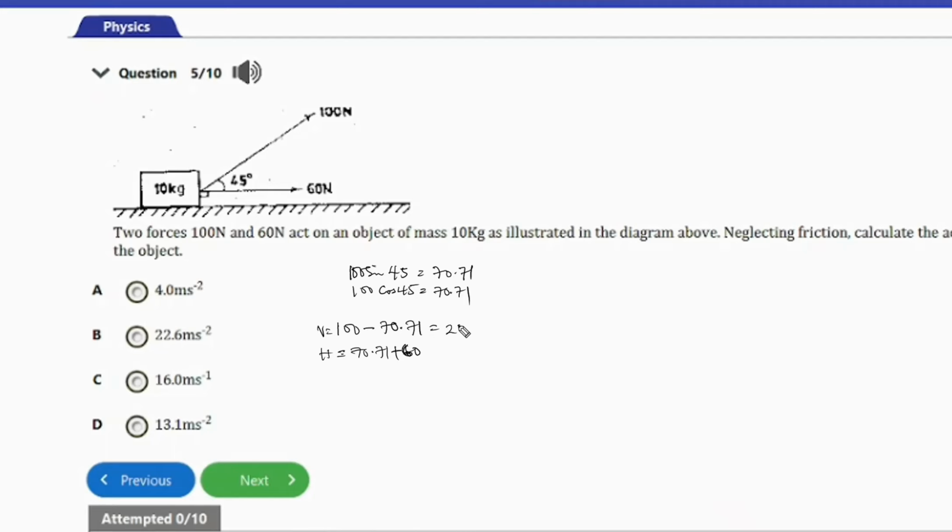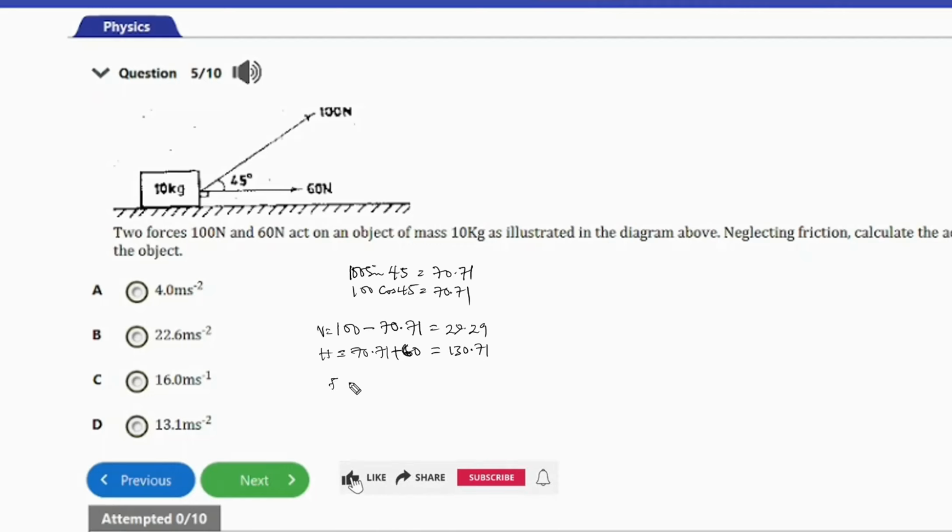So now, when we get these values, which are 29.29 and 130.71, we can now go ahead to calculate the resultant force here.